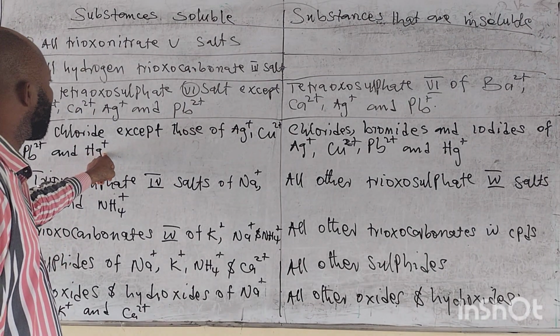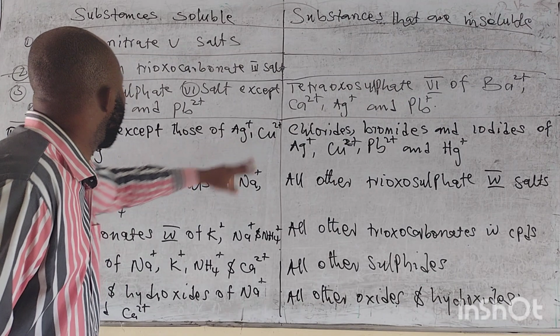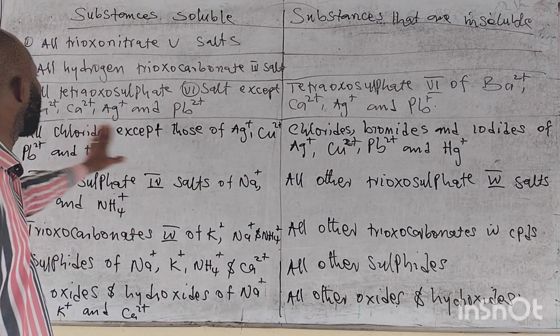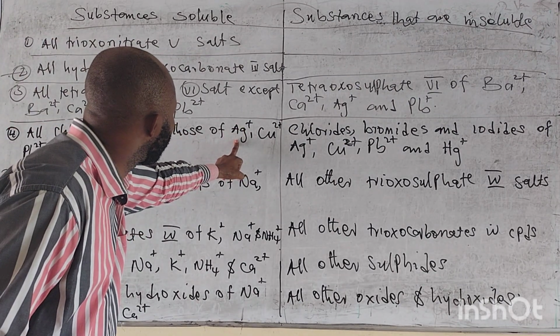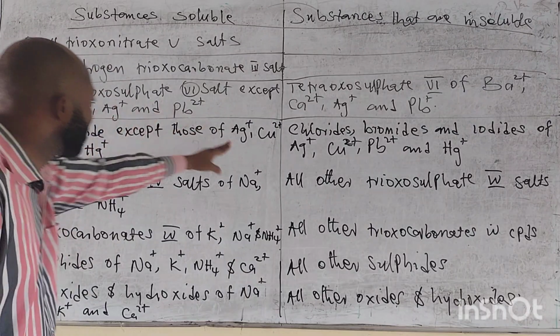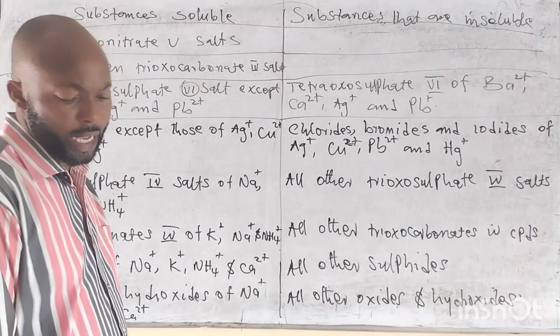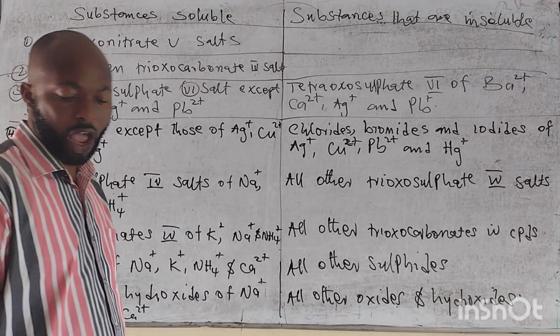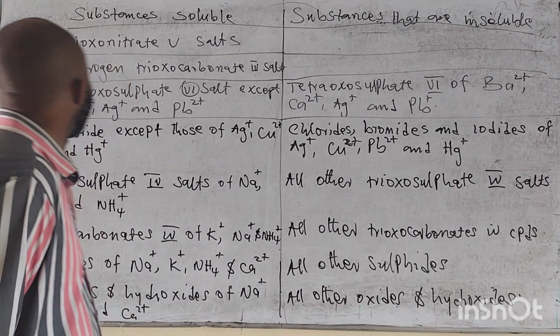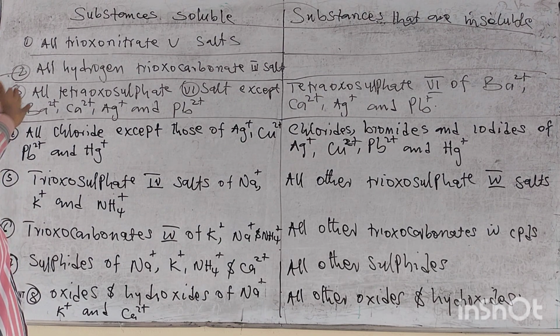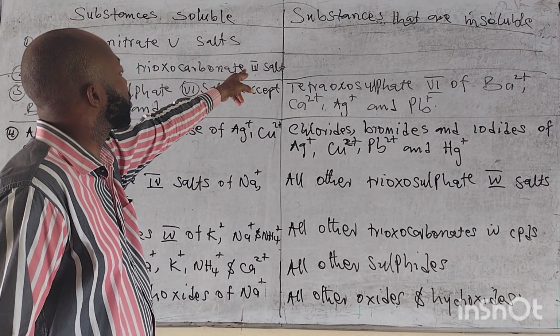And argentum, that is silver iodide. Silver iodide: all chlorides except those of silver, so we have silver iodide and that one too is not soluble. Let's look at the carbonate salts. We have sodium trioxocarbonate(IV), or hydrogen trioxocarbonate(IV), which are soluble.